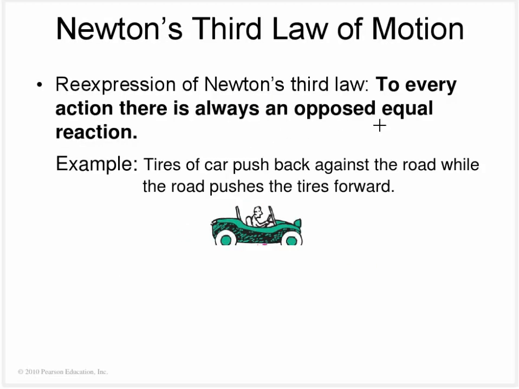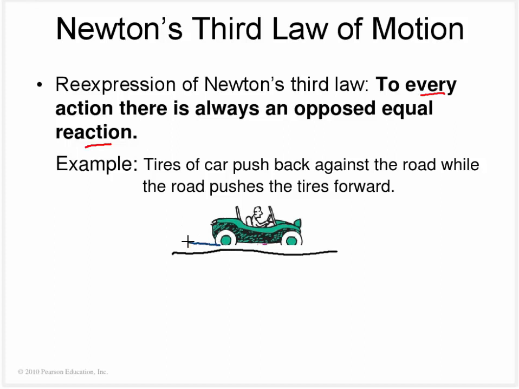We can re-express Newton's third law to say for every action there's going to be an equal but opposite reaction. For example, if we had a car on the road, what's going to push the car forward? You might be saying the tires. Well, it's actually the road pushing the tires forward.